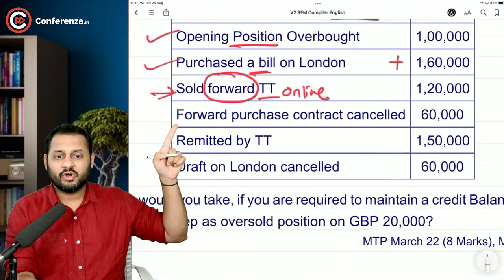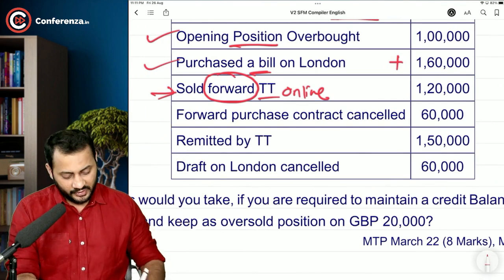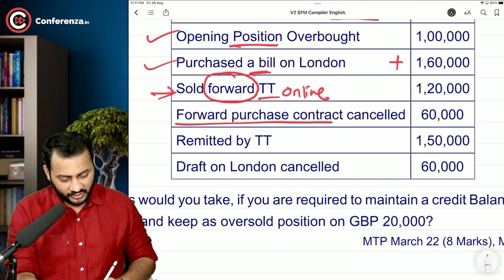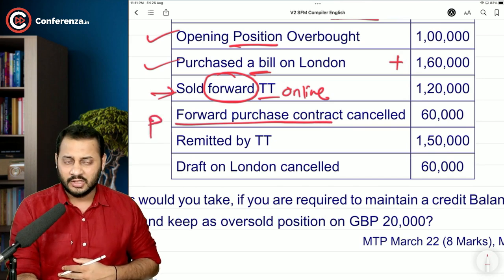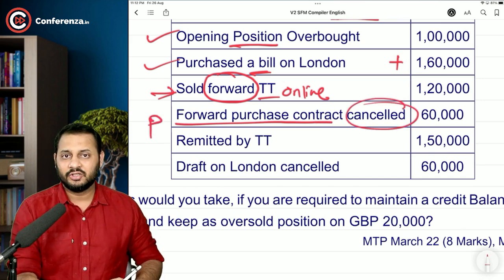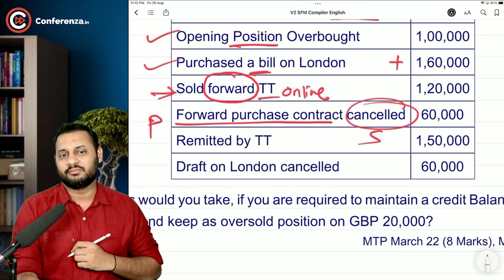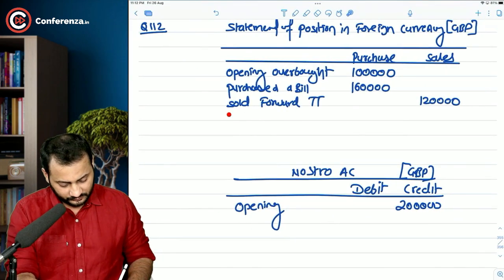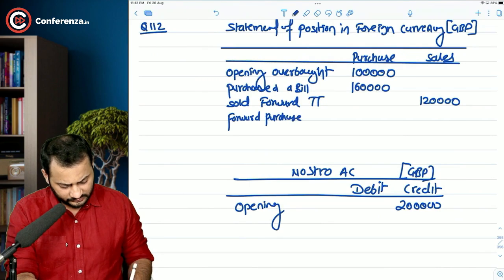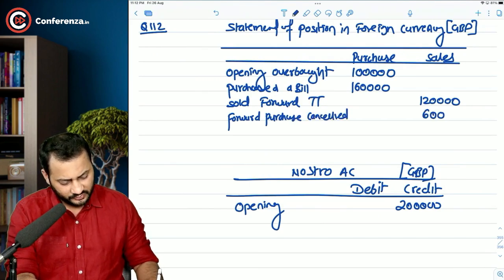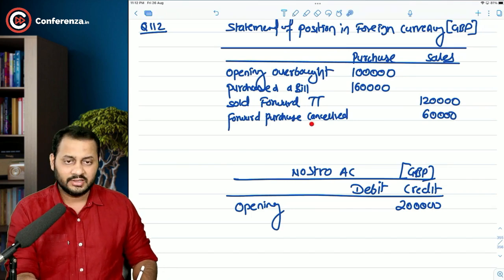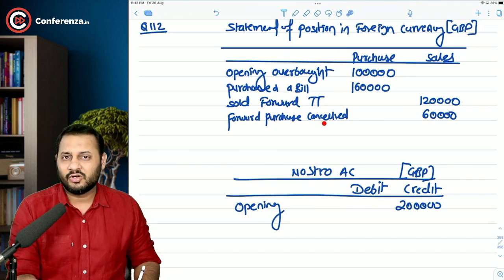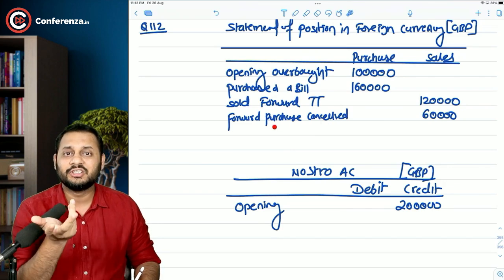Forward purchase contract cancelled. When you create a forward purchase contract, you add it in the purchase column, but when it gets cancelled, you will write it in the sales column. 60,000. Forward purchase cancelled. Where are you going to write? 60,000. Now you might ask, if the cancelled contract is written here, where is the original contract?